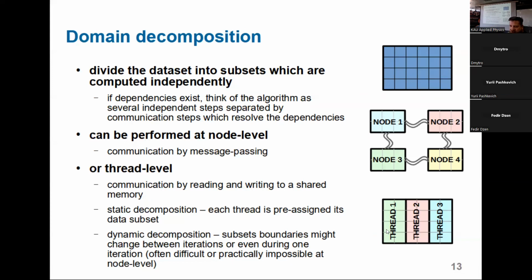or even during a single iteration, because instead of using 3 threads, I can use 6 threads. If I divide it here, I can do another division, 12 threads, each with only 2 cells, for example.